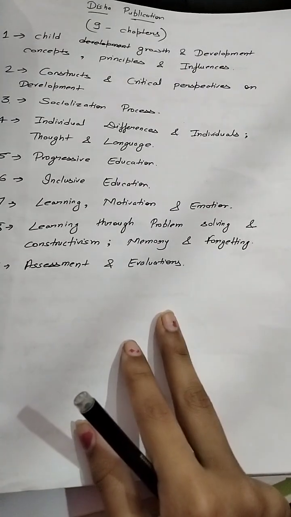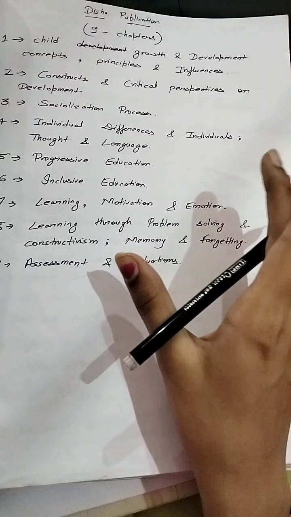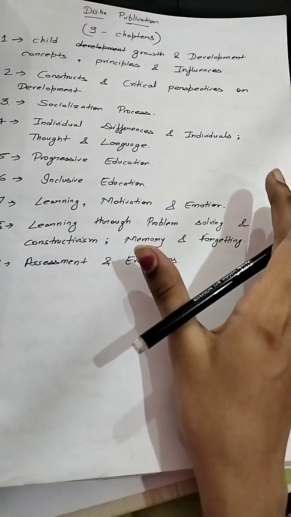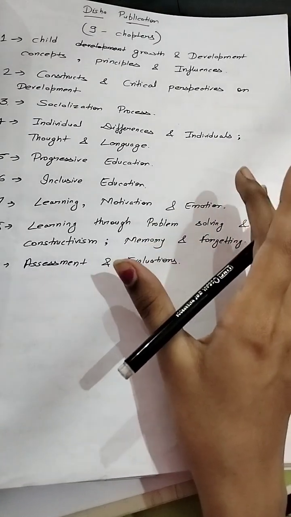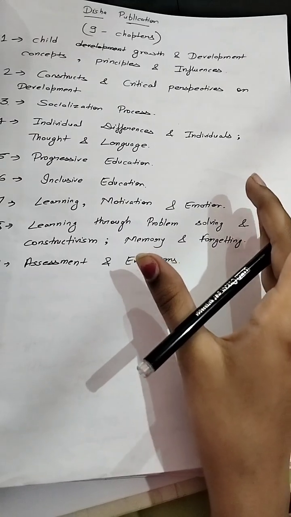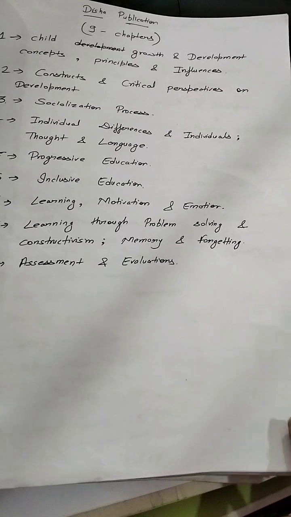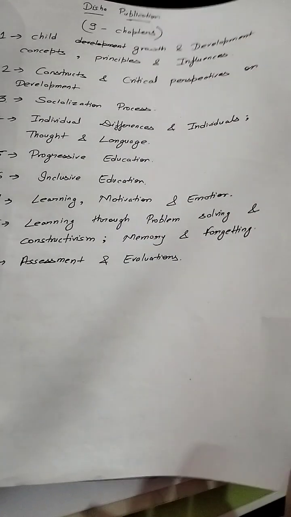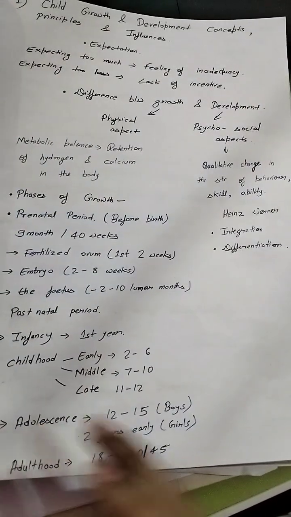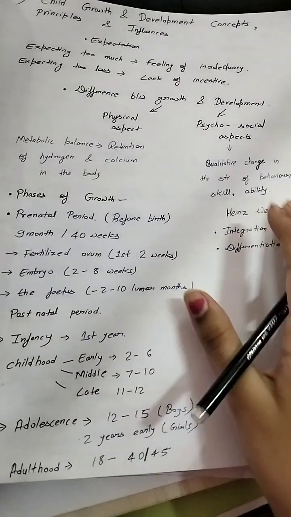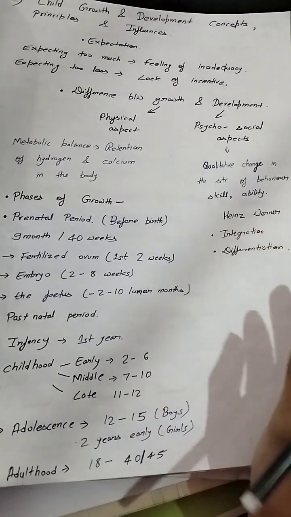And this is a book by Disha Publication, and the book is basically the pedagogy of child's development and growth. So these are the concepts that you have to study, and this is how we are going to end this whole thing. Here I've made some notes that you can rely upon.